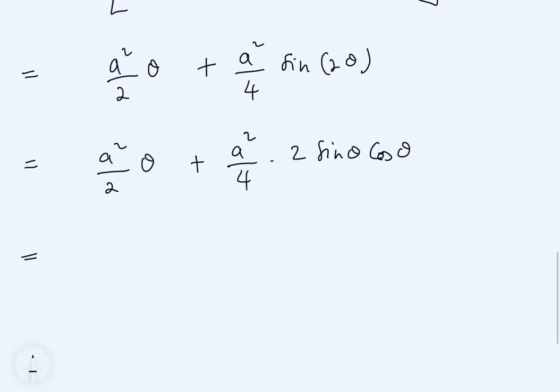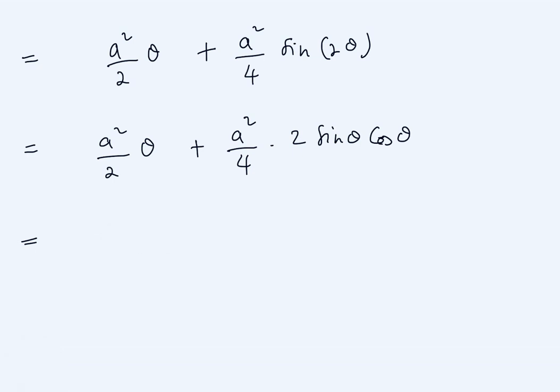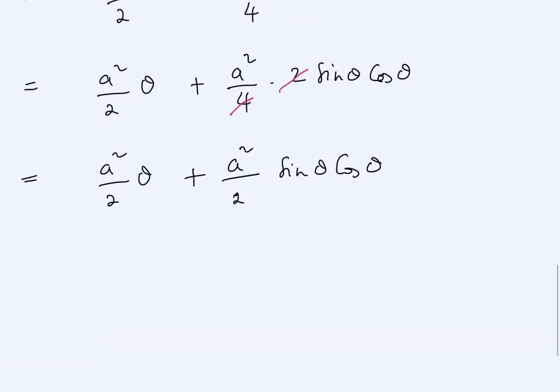Now we can see that we can cancel out the 2 and the 4. So the 2 cancels out with the 4, and that gives us the following. In the first term we still have a squared over 2 multiplied by theta, plus, in the second term, a squared over 2 multiplied by sine theta multiplied by cos theta. So that's what we have.